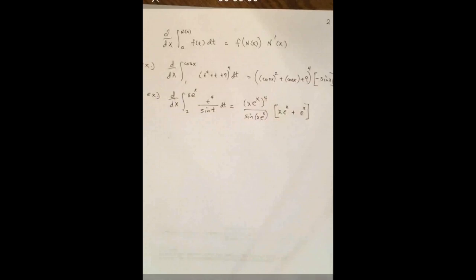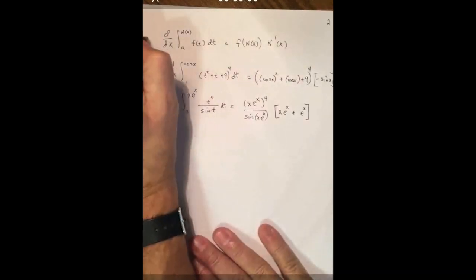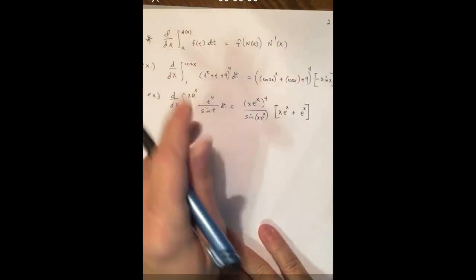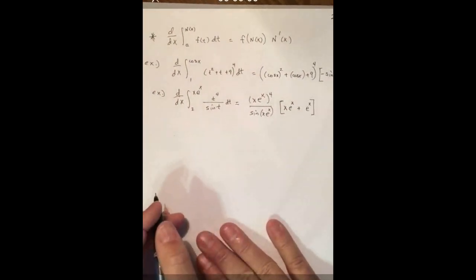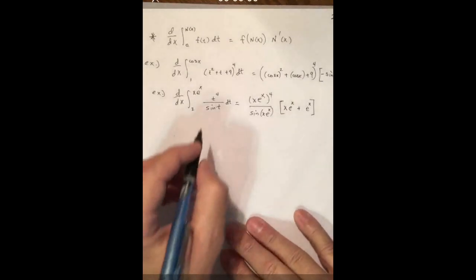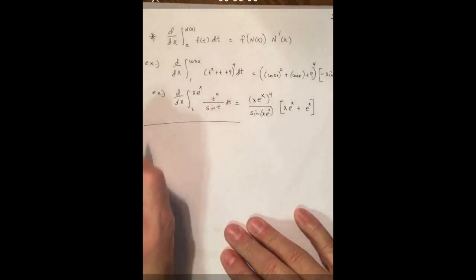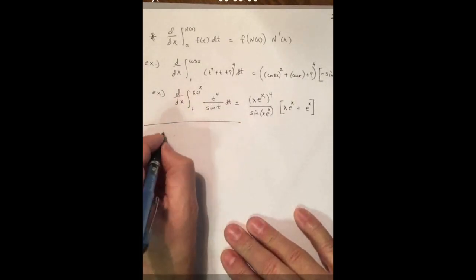And that's my answer. Pretty straightforward. So this is pretty good. This is a nice generalization of Fundamental Theorem of Calculus Part 2. But now we can do a little better.